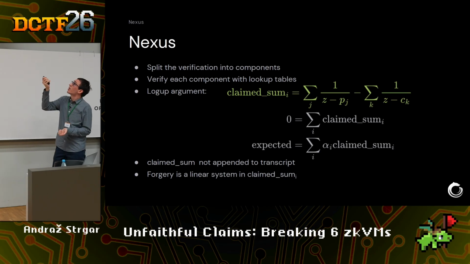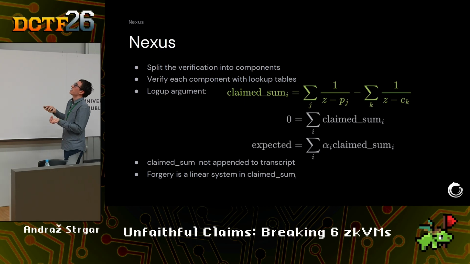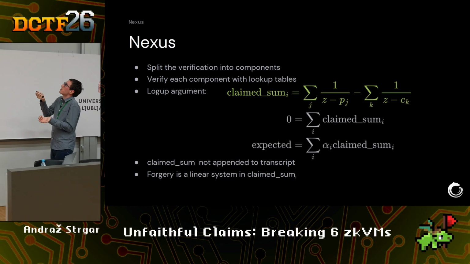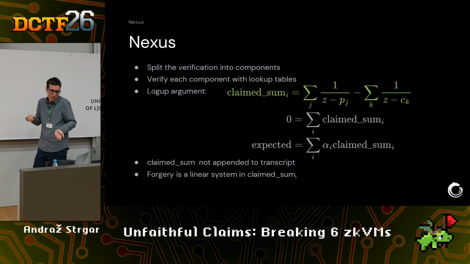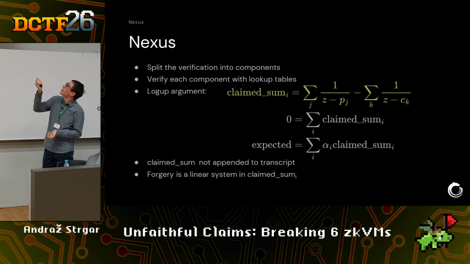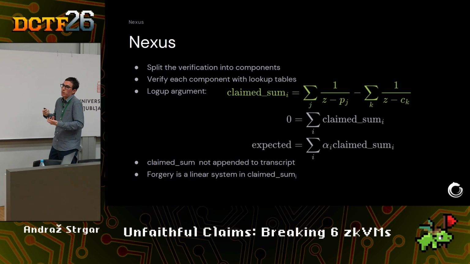And then the entire check is these 2 equations here. So as you can see, again, we just have some sum of something is equal to something else. So again, just a system of linear equations. And these claimed sum variables were not added to the transcript. So once we know all the alpha values, we can solve this system and prove whatever we want.